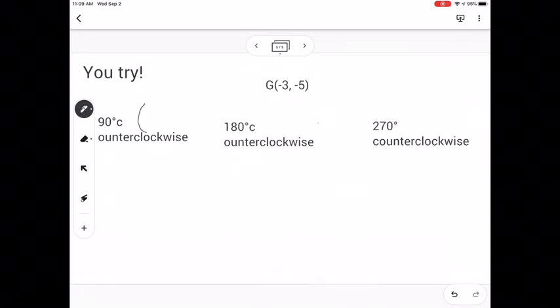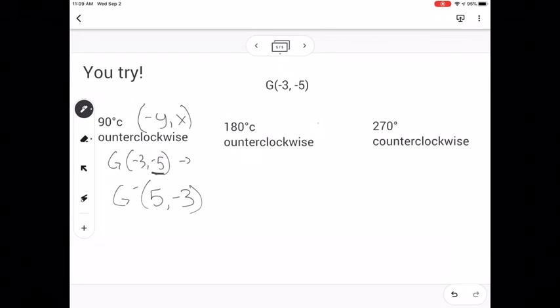So for 90 counterclockwise, we do negative y, x. So for G, negative 3, negative 5 will become, so change the sign and put it first, and then just move the x over. So 5, negative 3. For 180, we always do negative x, negative y.